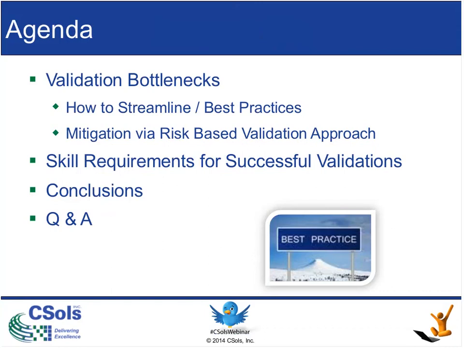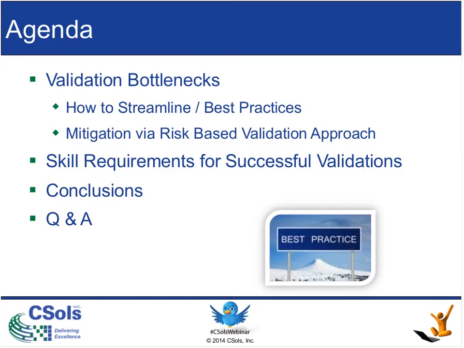No problem. All right, so here's today's agenda. I'm going to talk about validation bottlenecks. I'll have a list of our top 10 bottlenecks that CSols has experienced when doing validation projects. And then I'm going to talk about what you can do to eliminate or mitigate or streamline that bottleneck. The risk-based validation approach, GAMP 5, will be part of the topic and mixed into the conversation.